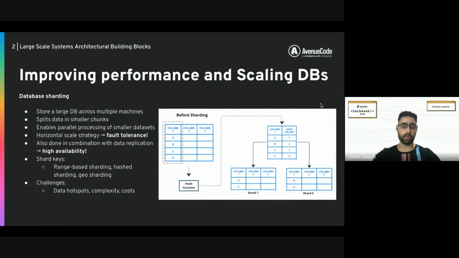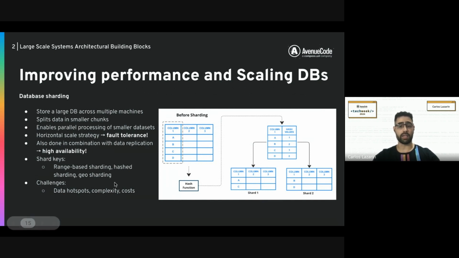And how can we improve the SQL DB's performance scaling, right? We have a common technique that's called database sharding. It consists of splitting our data across smaller chunks called shards, right? So it enables parallel processing of our smaller data sets, and also helps us to achieve horizontal scalability and fault tolerance, because if one shard goes down, we'll have another one here to provide data, right?